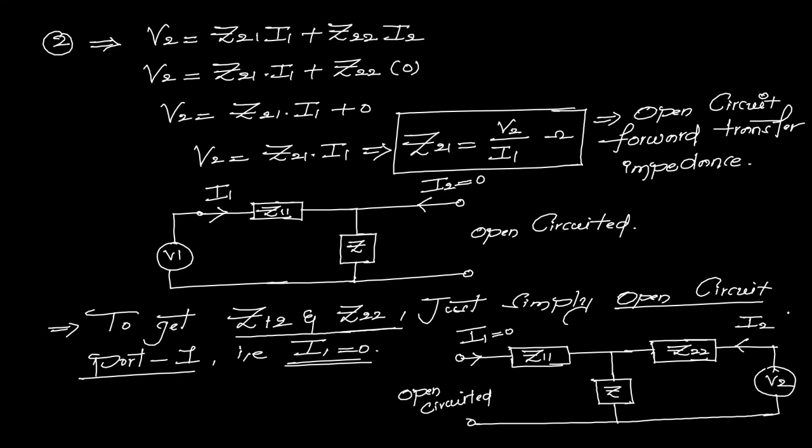If you open circuit port 1, I1 is equal to 0, but I2 is flowing in the circuit. Now substitute I1 equal to 0 in equations 1 and 2. From equation 1, V1 is equal to Z11 I1 plus Z12 I2.